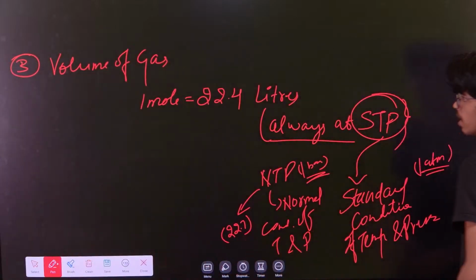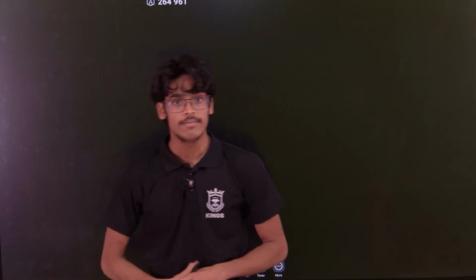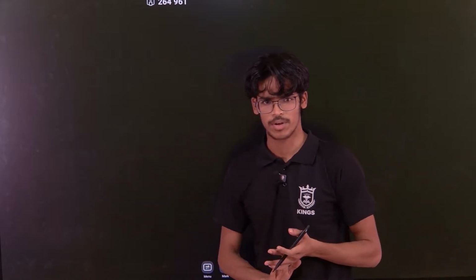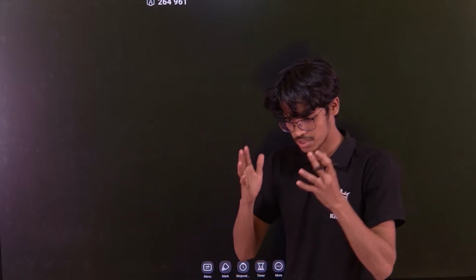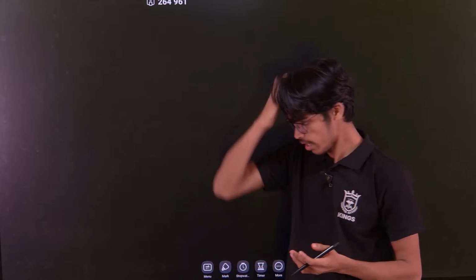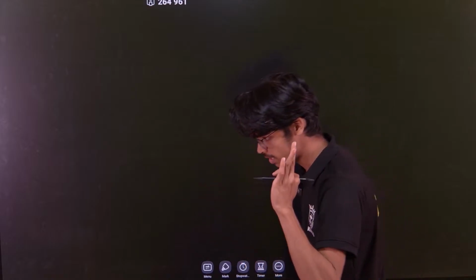Okay, now this is done. Now tell me how we are going to solve problems. Most problems in some basic concepts of chemistry are based on finding the number of moles. So how many ideas do we have to find the number of moles? Three ideas, right?